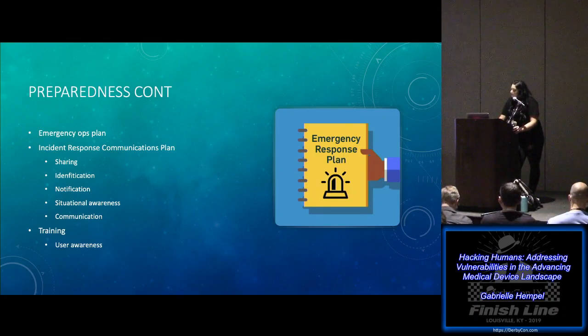An incident response communications plan will help with all aspects of communication during the incident, especially incident sharing, knowing how incident sensitivities can be shared, incident identification, incident notification, or how outreach is initiated, situational awareness, and communication templates to streamline the process. Finally, user awareness training is important in preparedness for a security incident, especially in terms of classification and identification.